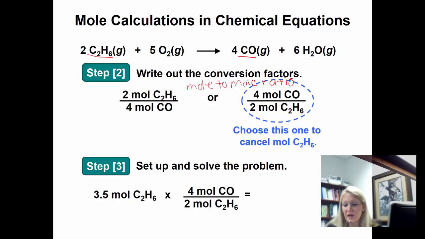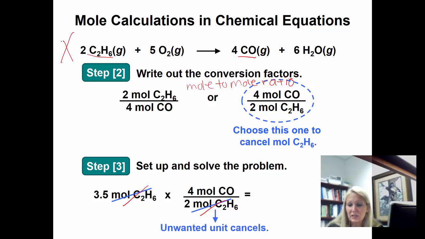So we wrote out what we know, 3.5 moles of C2H6. We know moles of C2H6 has to be in the denominator. And now we plug in our conversion factor, our relationship between C2H6 and CO. CO and C2H6 are totally different compounds, but they are related by the chemical equation.